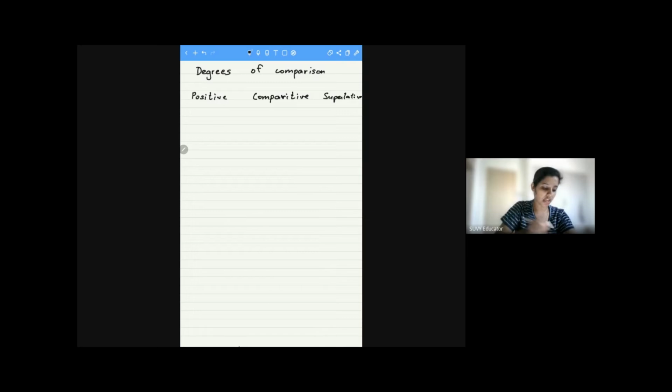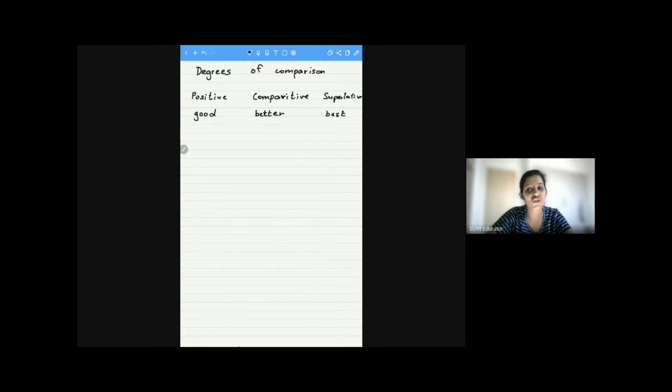So if I am giving you the positive degree as good, what is the comparative and superlative degree of good? It's not gooder, it's not goodest. There is no word as such. So, what is the comparative? It's better, best. You have to learn this. Okay?